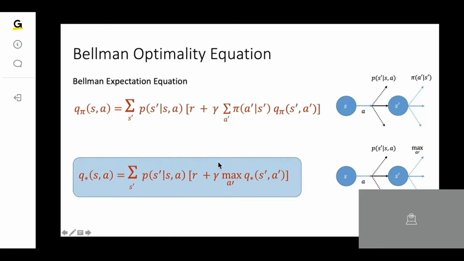So just converting this equation into an update rule gives us one class of algorithms called DP algorithms. But there is an important assumption that the MDP is completely specified and we know the transition probabilities, which is often not the case. And that is where we move to other algorithms, which we will come to.